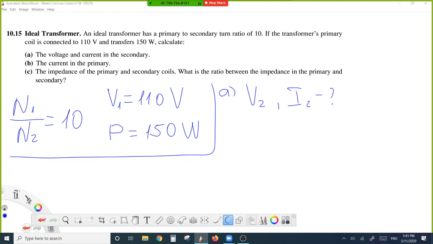So let's compute directly. We know for the transformer N1 over N2 is equal to V1 over V2.